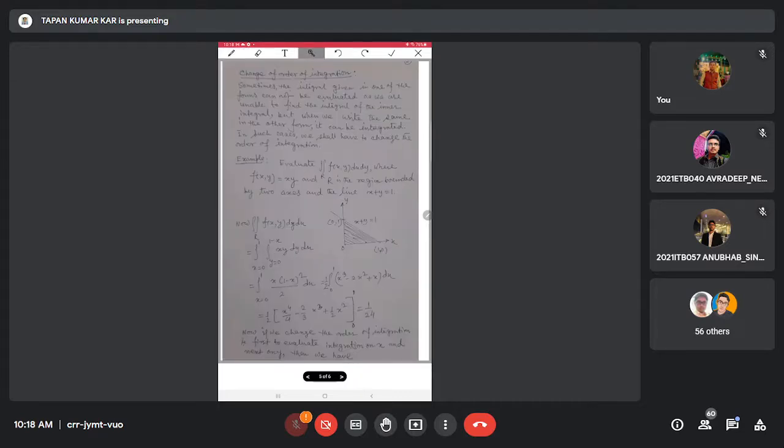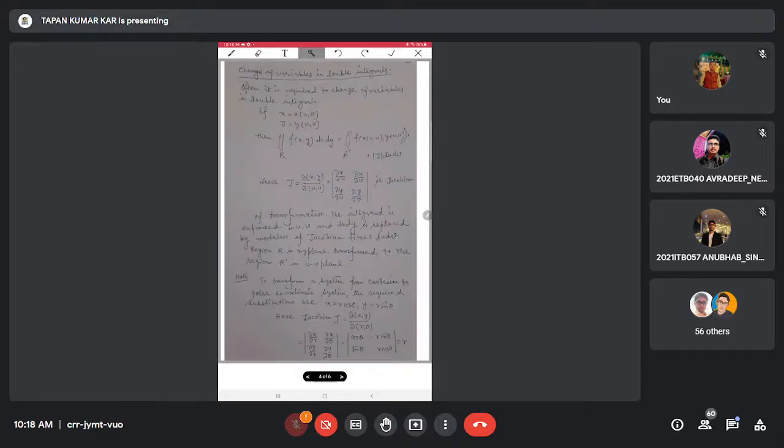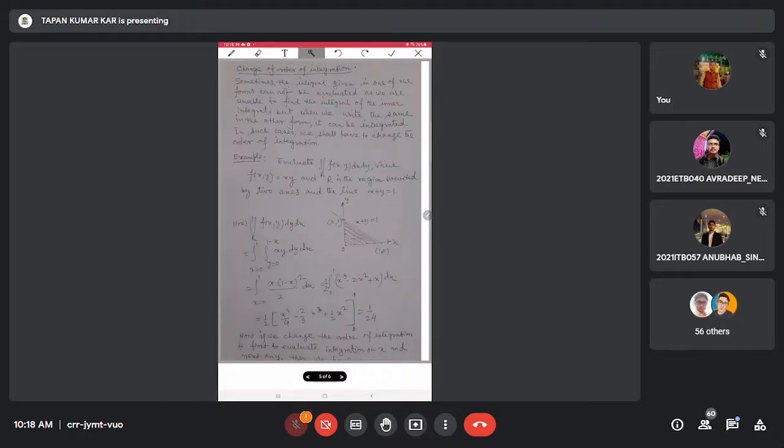Okay. So next, what I have discussed: change of variable, Jacobian. Next, that will be very important: order of integration. Change of order of integration is also very important.